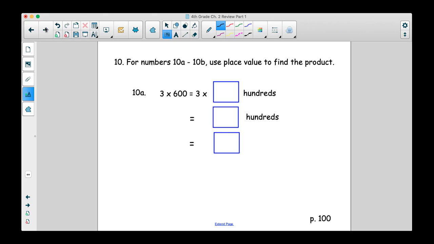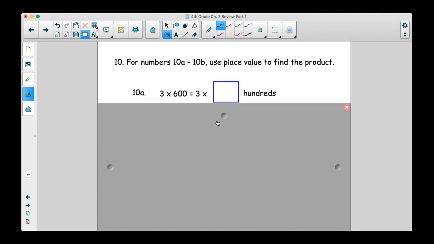And here it goes. For numbers 10A through 10B, use place value to find the product. All right, you're looking at this probably going, huh? Let's cover up some of this. I like it better when my eyes can just focus on a little bit. So I'm starting to look to see, like, what do I know for sure?